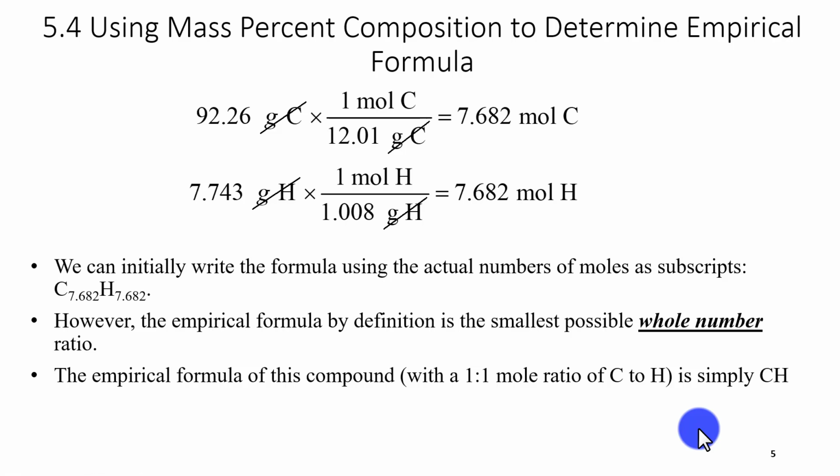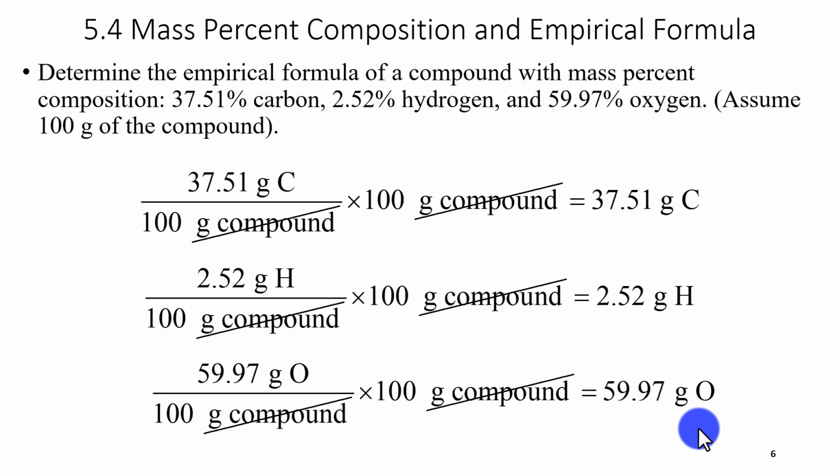Now let's take a look at another example. Determine the empirical formula of a compound that has this mass percent composition. 37.51% is carbon, 2.52% is hydrogen, and 59.97 is oxygen.